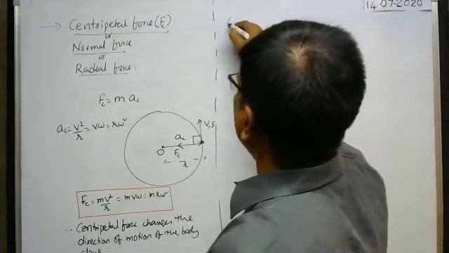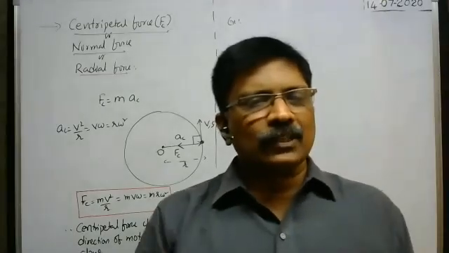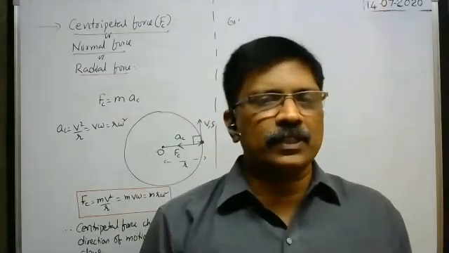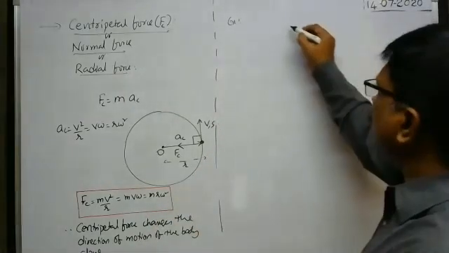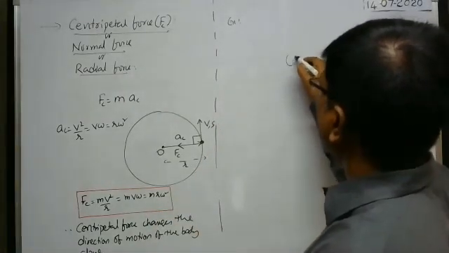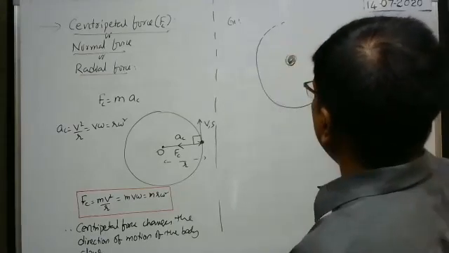Some examples we have to discuss. We know in any atom, electrons revolve around the nucleus in various orbits. Suppose this is the nucleus, and the electron revolves around the nucleus.